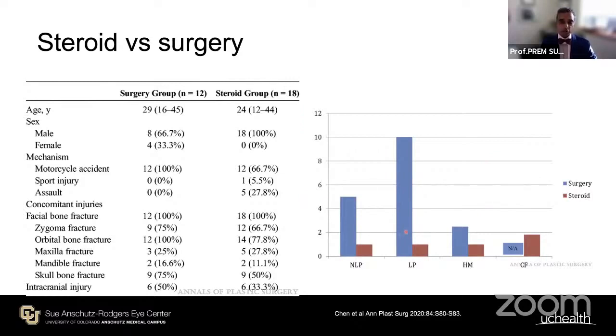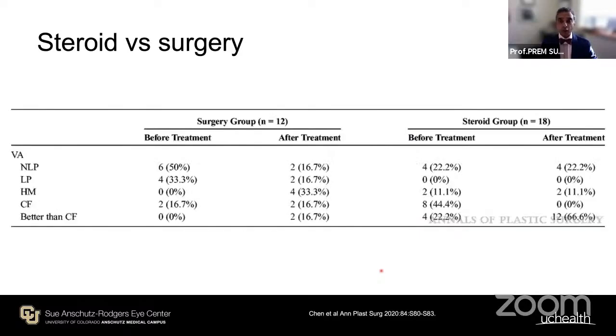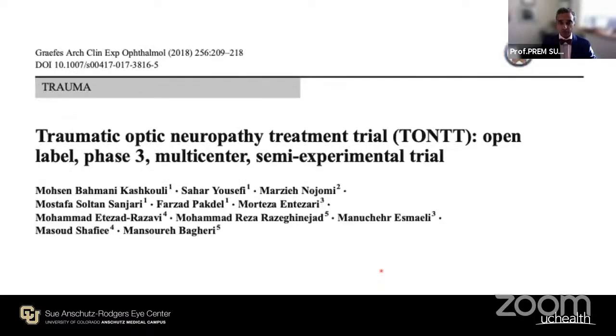So many more patients, for whatever reason, got assigned to surgery in the light perception versus no light perception group. But nonetheless, they found that ultimately, patients before and after treatment had no greater chance of improvement if you had surgery versus steroid. Now, again, there was no control group to see if this treatment actually did anything at all, but surgery and steroid, at least in this study, seemed to be equivalent.